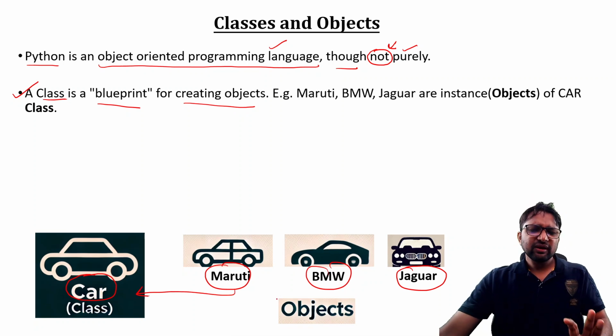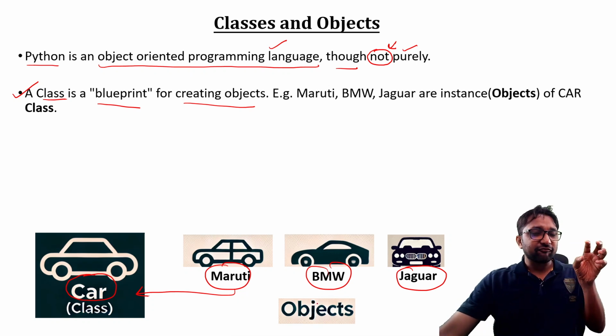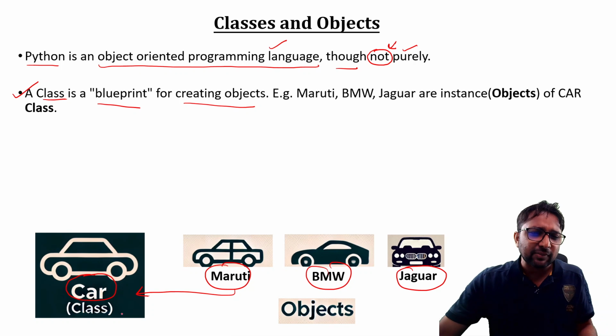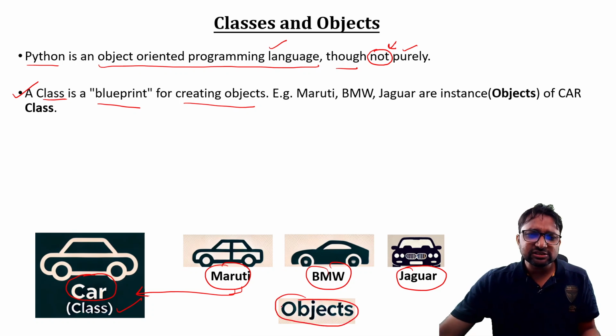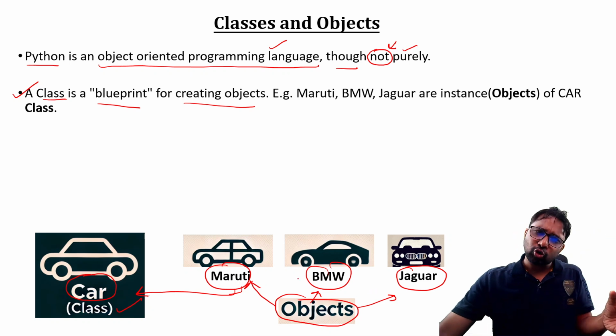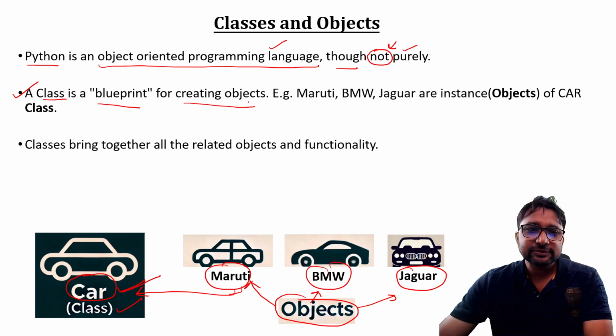If you can put similar things inside one group, then that group becomes a class and those similar things become objects. So here these three are objects, and we put them into one group named car, so car is a class over here. So it's the basic definition of class and objects.